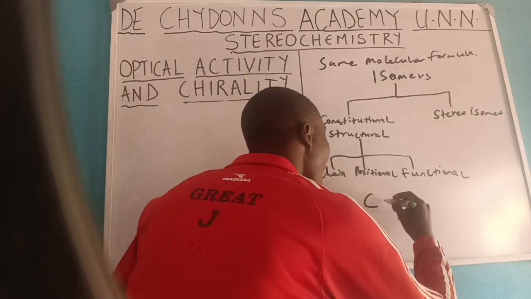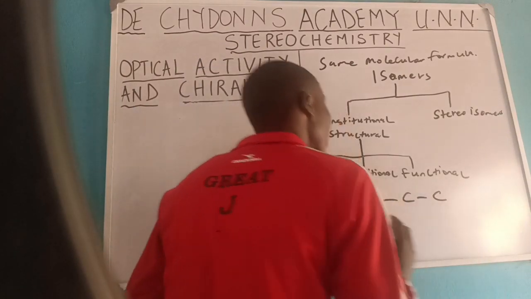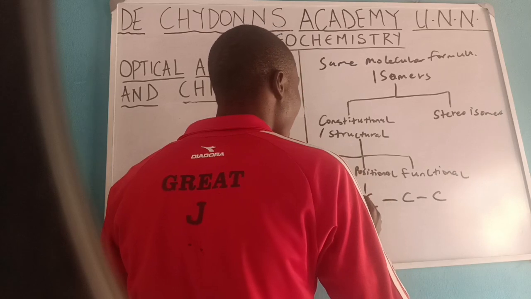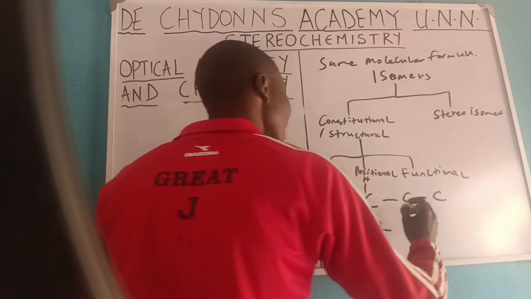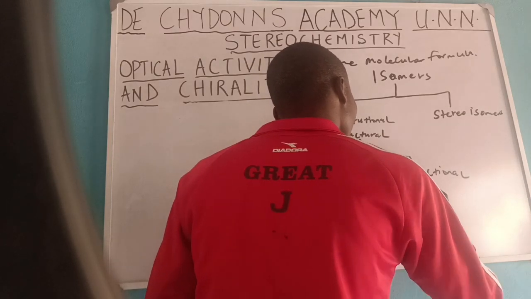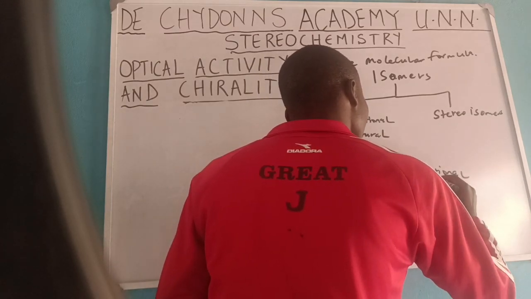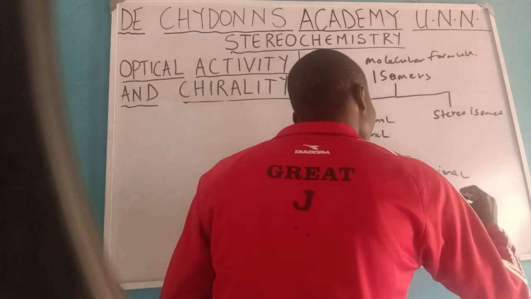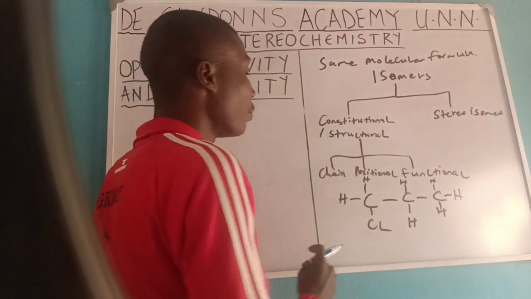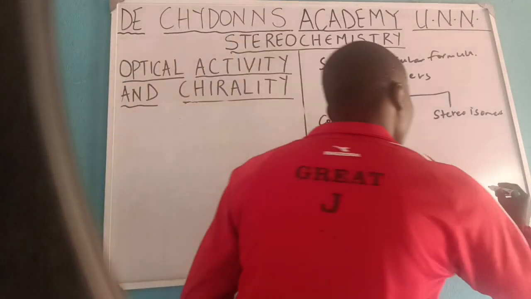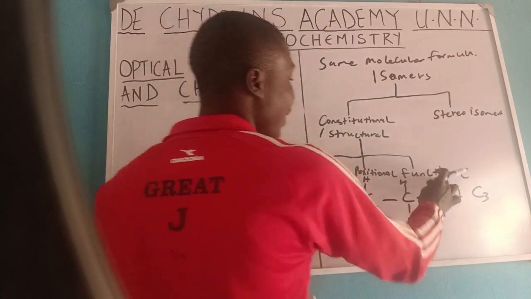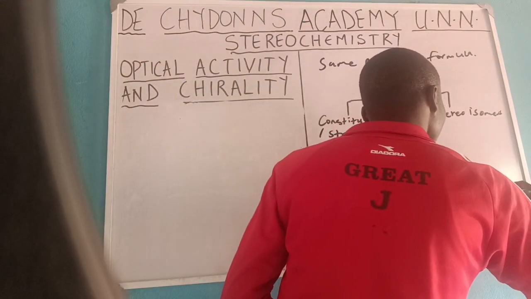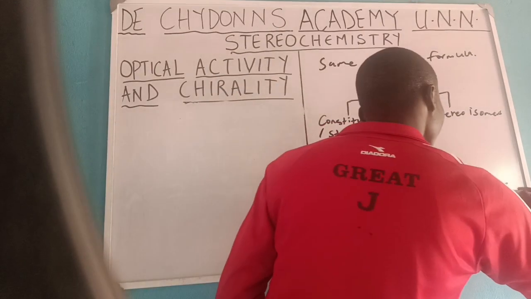We have 1, 2, 3 carbon atoms, and then we have hydrogen, hydrogen, we have chlorine here, and hydrogen, hydrogen, hydrogen, hydrogen, and then hydrogen. So this compound happens to be 1, 2, 3, that's 3 carbon. Then the hydrogen is 1, 2, 3, 4, 5, 6, 7 hydrogen, and then we have 1 chlorine atom.